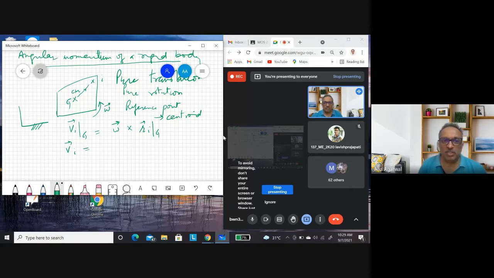It becomes velocity of G plus velocity of I with respect to G. So you get the absolute velocity of the particle with respect to this fixed coordinate system.